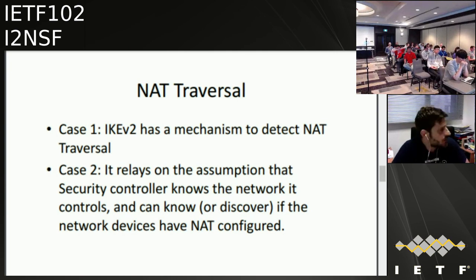In case 2, it relies on the assumption that the security controller knows the network it controls and can discover where the network devices have NATs configured. Based on that, the security controller needs to establish, for example, ESP over UDP or ESP over TCP, etc. And we have that information in the YANG model. Next one.